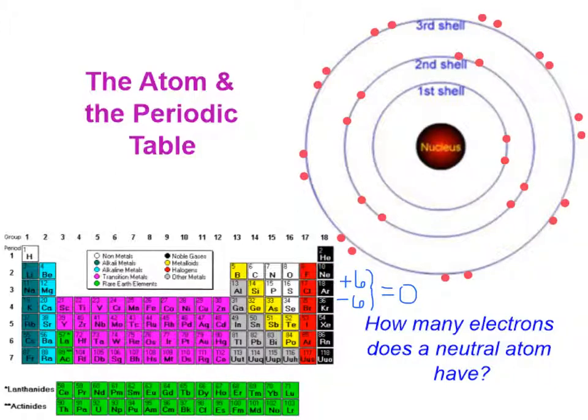Neon has a total of 10 electrons: 2 in the first energy level, and 1, 2, 3, 4, 5, 6, 7, 8 in the second energy level. It has a full second energy level with 8 electrons in it. Call that an octet. It's a very, very stable and a very happy element because it has a full outer energy shell. All of these are called the noble gases because they all have full outer energy shells full of electrons.